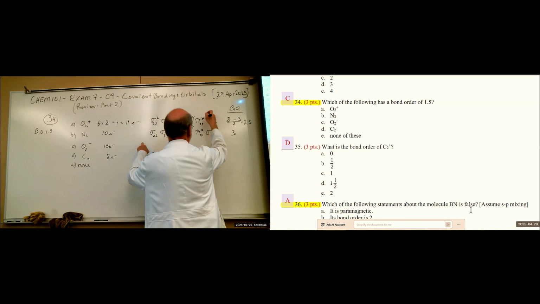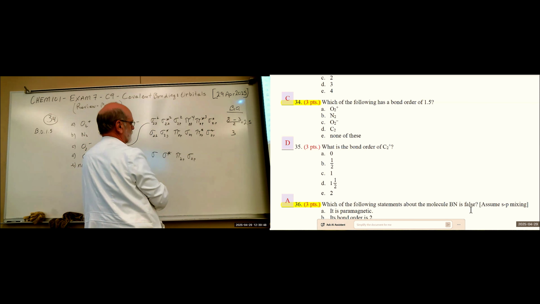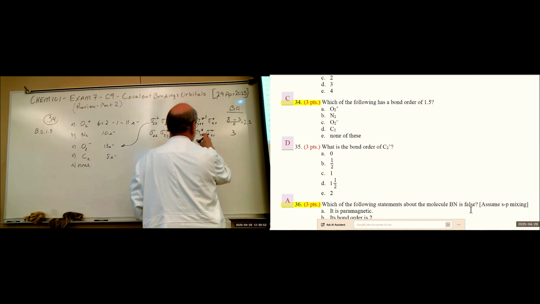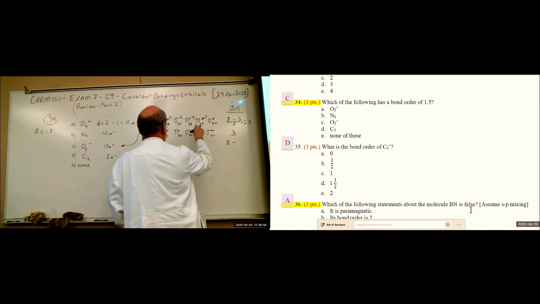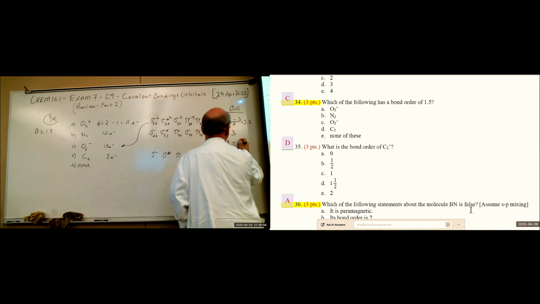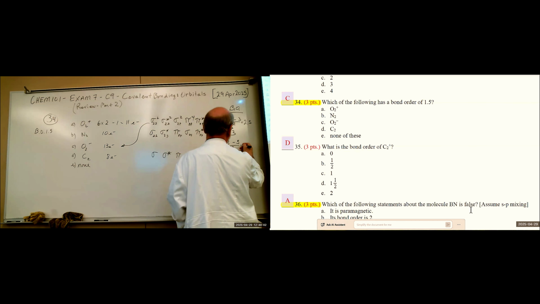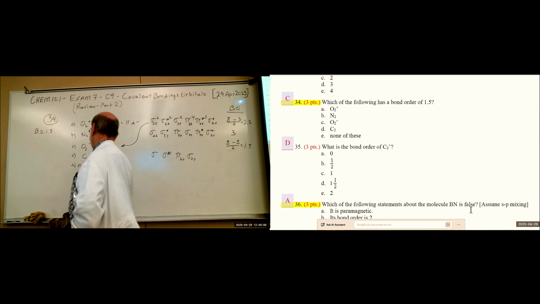So this would be 3 for that one. Okay, so that means we still have the same number of bonding electrons. Now we have two more non-bonding or anti-bonding. So that's 1.5. There's our answer right there.